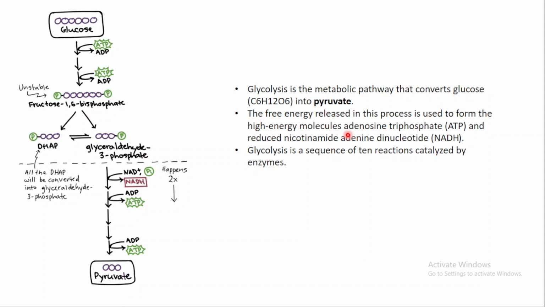So ATP and NADH are all energy currency molecules. So in this process of glycolysis where glucose is broken down into pyruvate, ATP and NADH molecules are generated. Glycolysis is a sequence of 10 reactions catalyzed by different enzymes. So all these processes involve 10 different reactions catalyzed by 10 different enzymes.